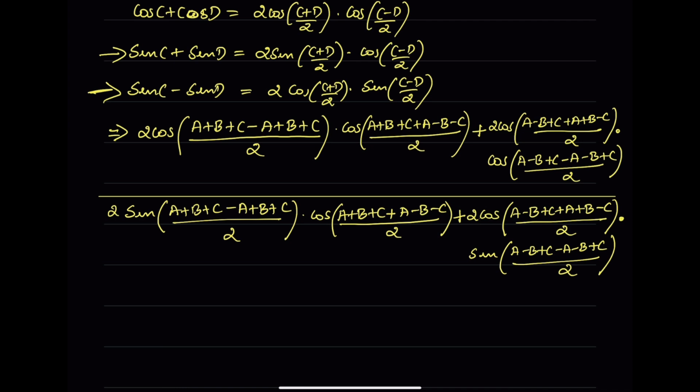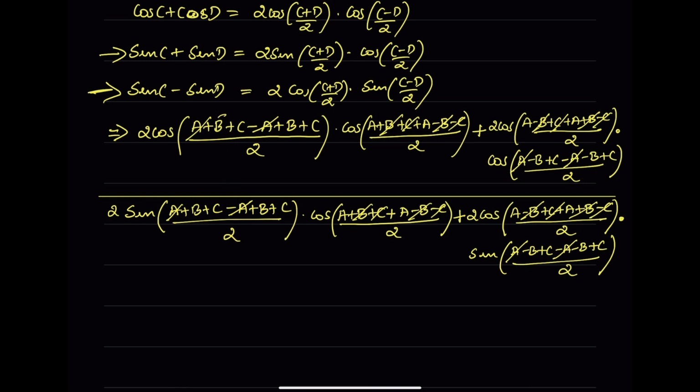In the first term of the numerator, we can cancel out A, in the second term B and C, in the third term B and C, and in the last term A. Now in the denominator, we can cancel out A in the first term, B and C in the second, C and B in the third, and A in the last term.